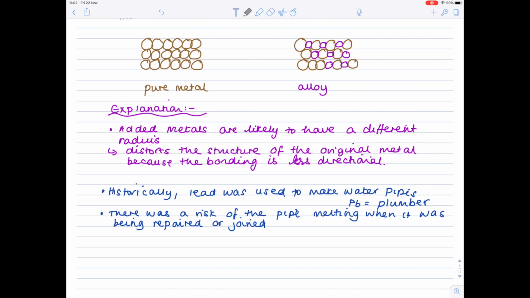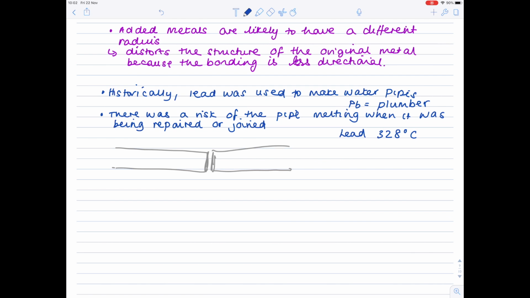So let's draw a really basic picture of a lead pipe. Let's say it's got a crack in it here. So you would be trying to stick together the two ends of the pipe. And I've just said that if you try to use lead to do that, obviously it might melt. Now notice that lead has a melting point of 328 degrees Celsius. However, what about if you were to use a different metal to stick together these two ends? And that's indeed what they did.